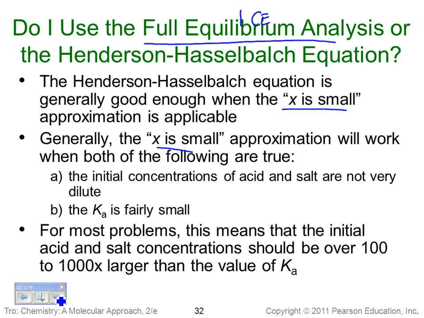For me personally, I like the Henderson-Hasselbalch equation. That's what I'm going for. And for most problems, those are going to be the conditions. You're going to be under the kinds of conditions where you've got a Ka significantly smaller than the starting concentration. Typical starting concentrations are going to be between 0.1 and 1: 0.5, common; 0.3, 0.2, 0.1, common.